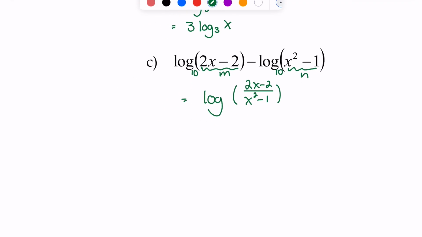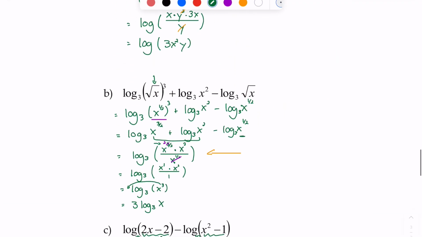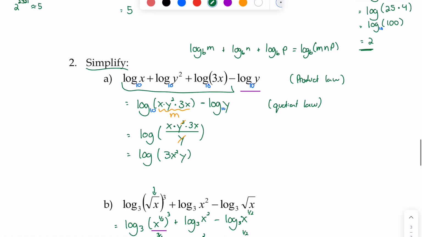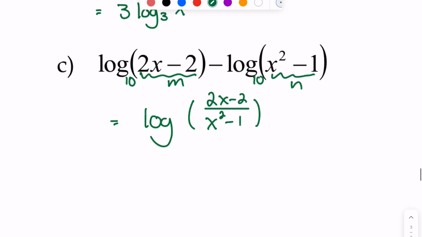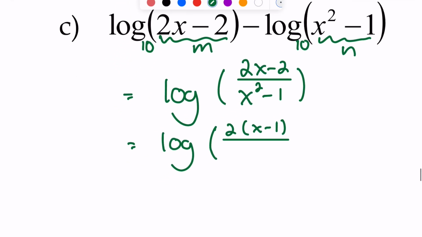Okay, you might be thinking that's it, but we're trying to simplify as much as we can, okay? The question from the very beginning said simplify. So you're trying to reduce as much clutter as there is, cancel things out. So let's see what we have on the inside here. Well, our numerator, I'm going to factor out a 2, and I'm going to get x minus 1. On the denominator, that's a difference of squares.